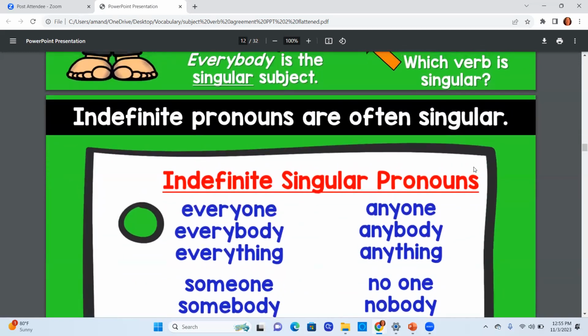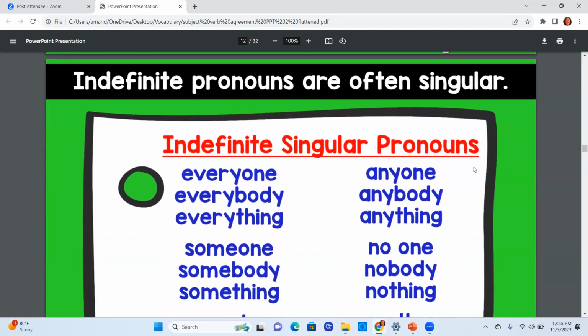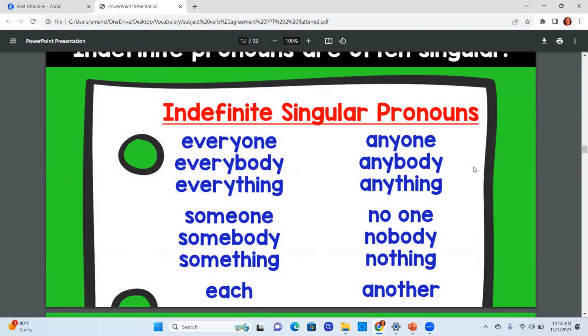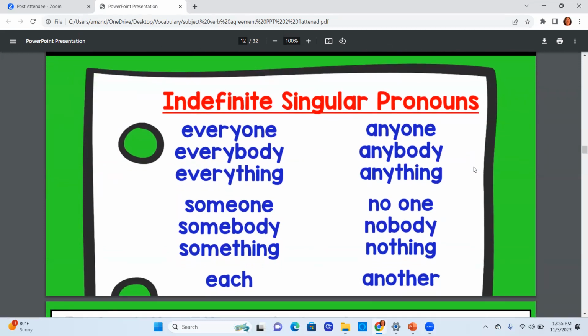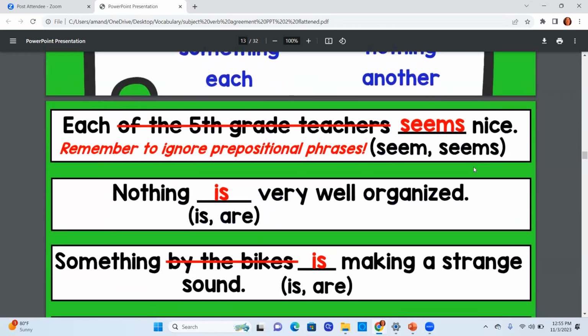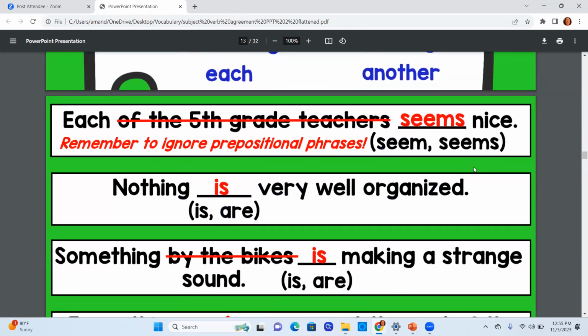Indefinite pronouns are often singular. So let's take a look at some examples: everybody, everyone, anything, anyone, someone, no one, and so forth. And there's a list for you to look at. And remember, again, we want to ignore prepositional phrases.